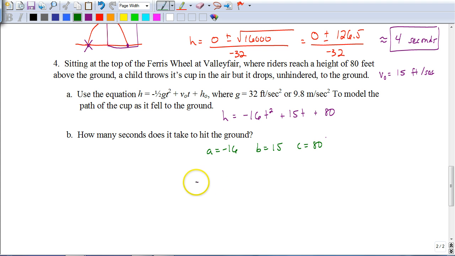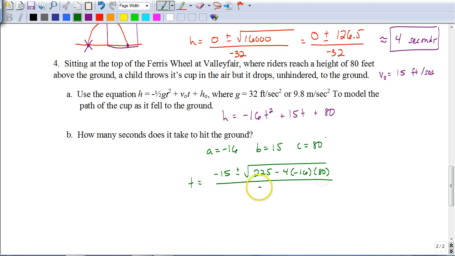So to find your x-intercepts, to find what t equals, your time, it's going to be the opposite of b, so negative 15, plus or minus the square root of b squared, and 15, when you square it, is going to equal 225, minus 4a, which is negative 16, times c, which is 80. All divided by 2a, so it's going to be divided by negative 32.